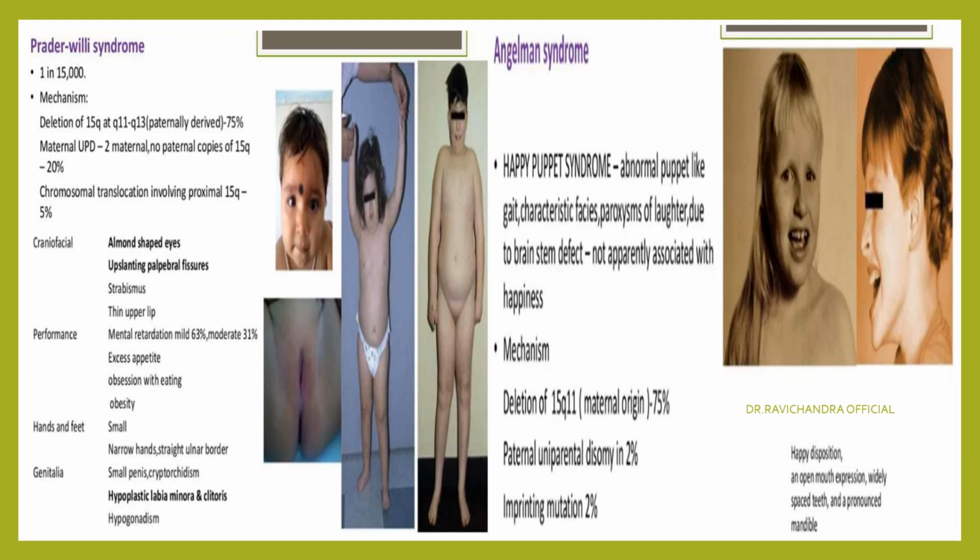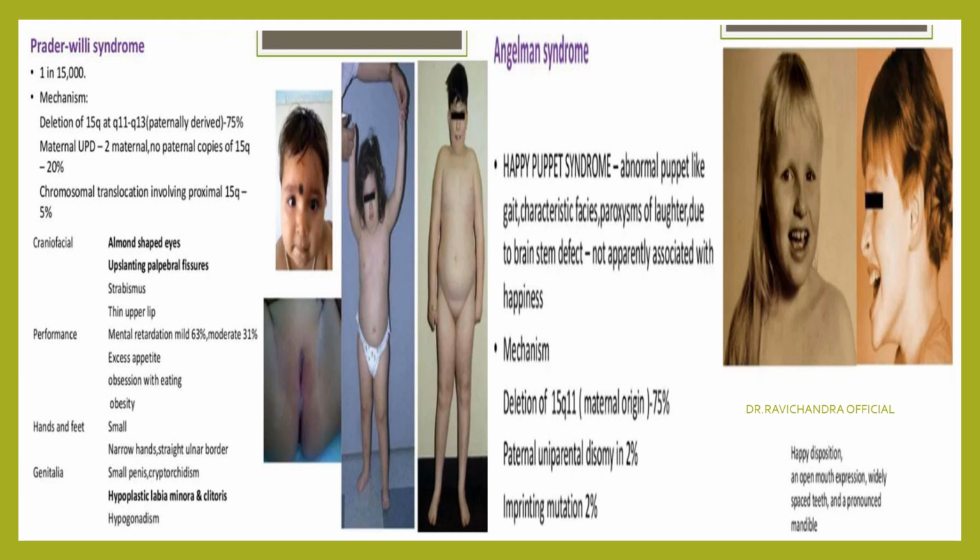Genomic imprinting has two syndromes: Prader-Willi syndrome and Angelman syndrome. Prader-Willi syndrome is seen in 1 in 15,000 persons, and the mechanism is deletion of 15q11 in most of the cases. And there may be chromosomal translocation involving the proximal 15q in 5% of the cases.